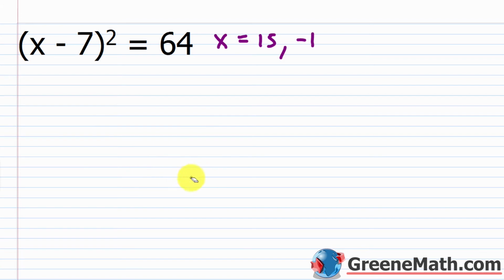You don't know whether it's 8 that's being squared that gives you 64, or whether it's -8 that's being squared that gives you 64. So that's why you've got to say that x minus 7 could be equal to the positive or the negative square root of 64. Okay, that's why you have to have those two scenarios to give you all of the possible solutions.